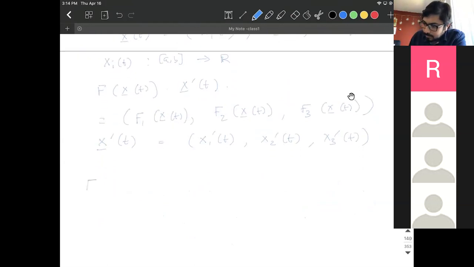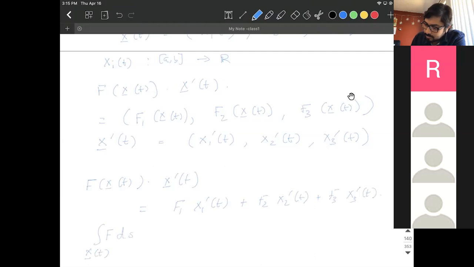So finally, this f(x(t)) dot x'(t), in the shorthand, can be written in the following way. This is f1 times x1'(t) plus f2 times x2'(t) plus f3 times x3'(t).